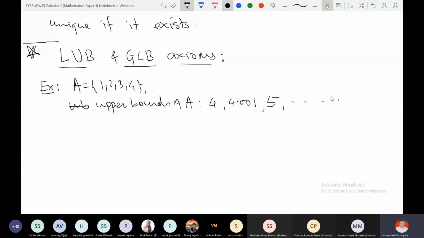So there are many upper bounds. But if you look at 4, 4 is special, because 5 is not special. 5 is an upper bound, but 4.5 is also an upper bound. 4.7 is also an upper bound. 4.001 is also an upper bound. So there is nothing special about 5, but there is something special about 4. So what is special about 4?